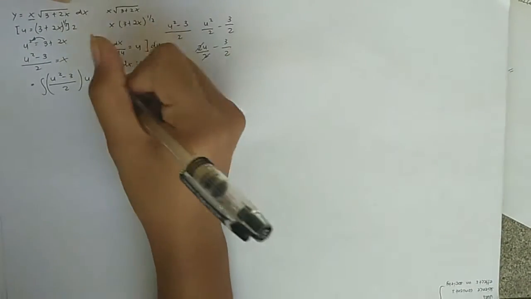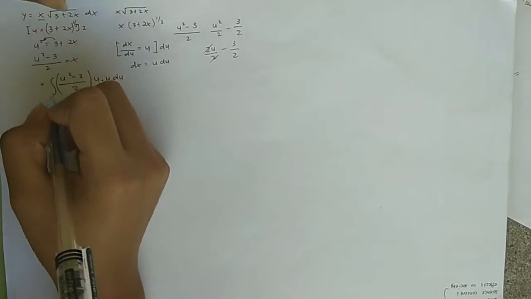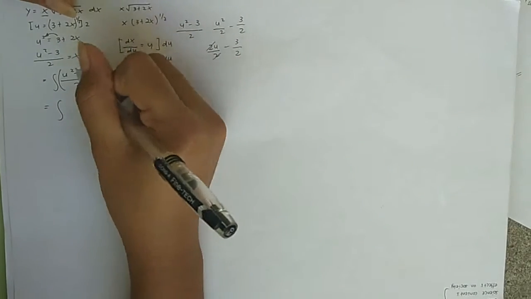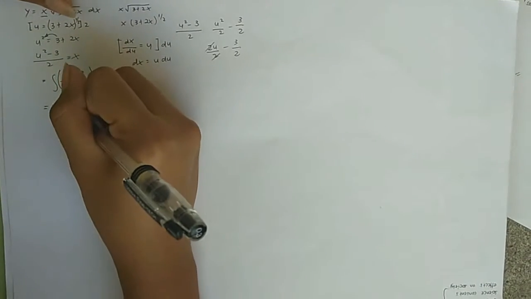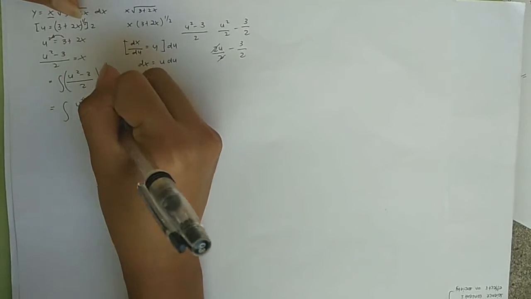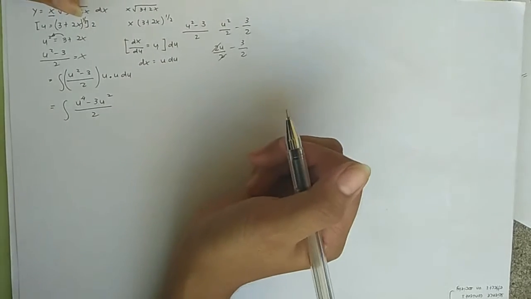Then multiply the value here times u times du. Now we have to multiply. Now we have u raised to 4 minus 3u squared over 2 du.